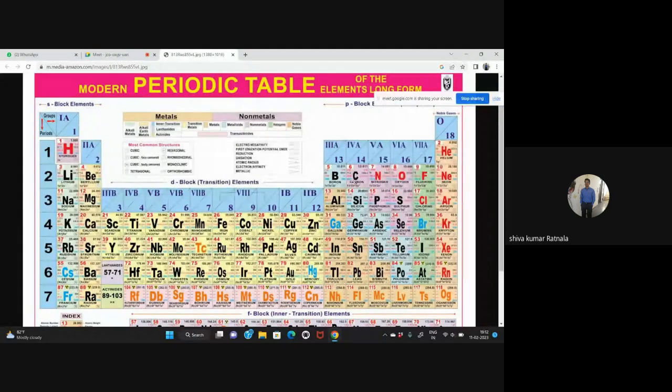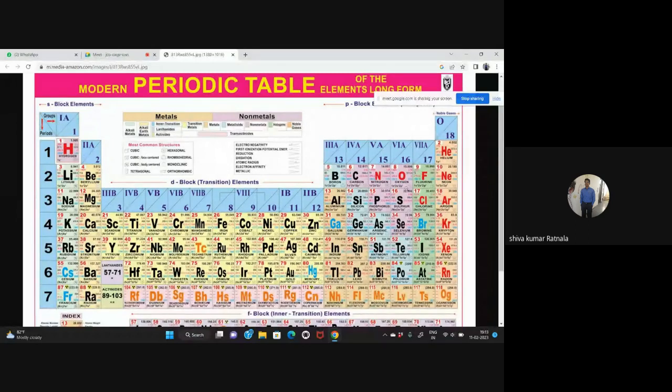Next, the 14th group: carbon, silicon, germanium, tin, lead, flerovium, Fl. Next, nitrogen, phosphorus, arsenic, antimony, bismuth, and moscovium.